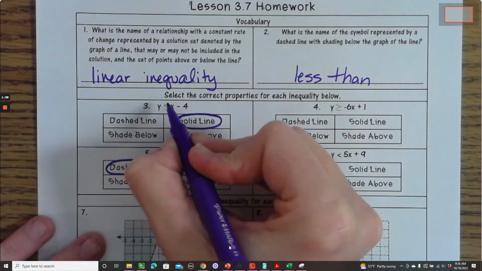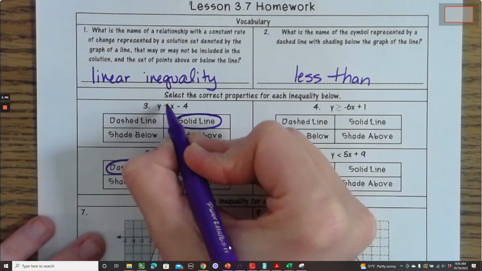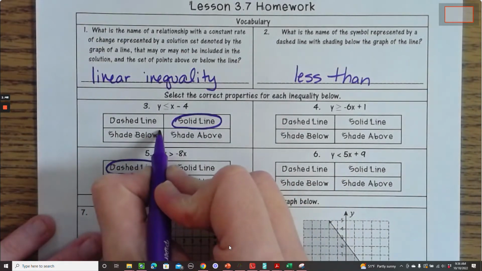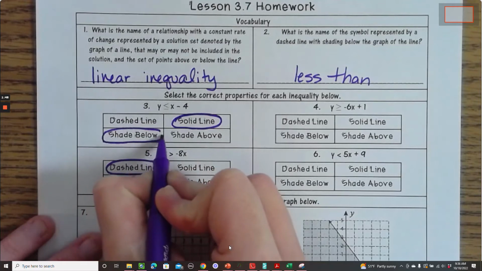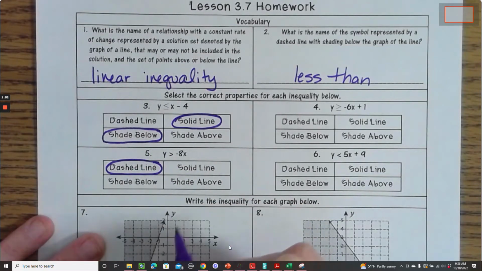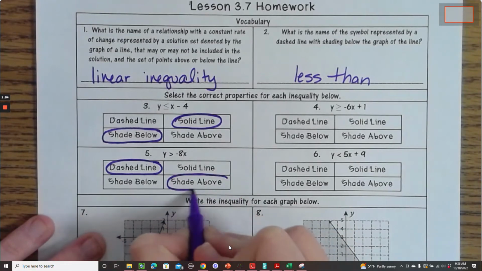If y is less than, the inequality sign points at the y, you're going to shade below the line. And then if the alligator's eating the y, if it opens up towards the y, you're going to shade above the line.